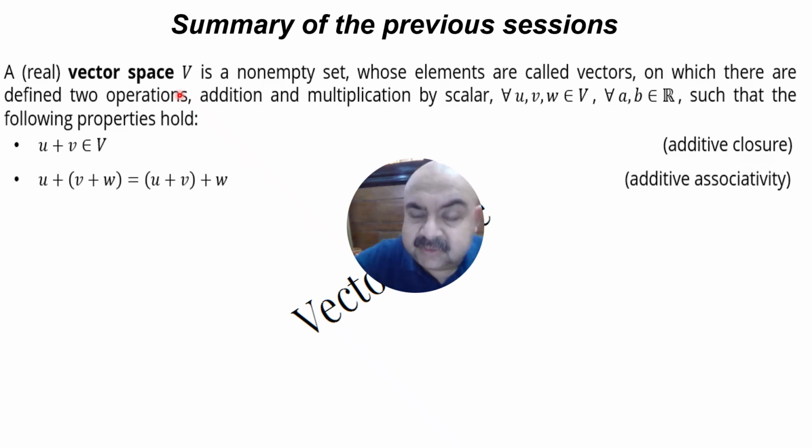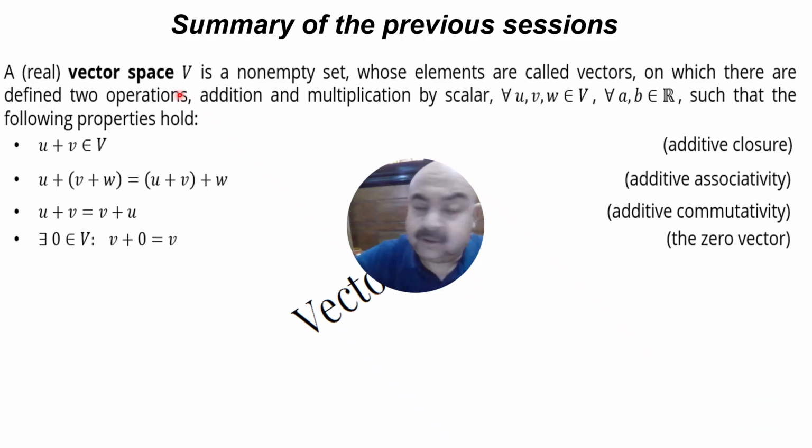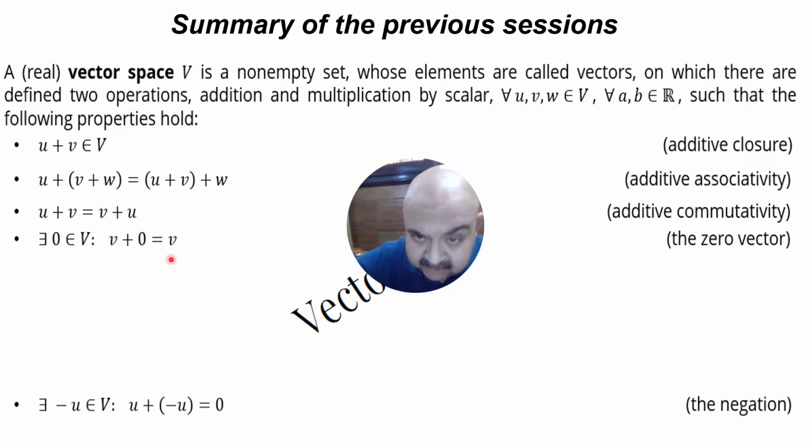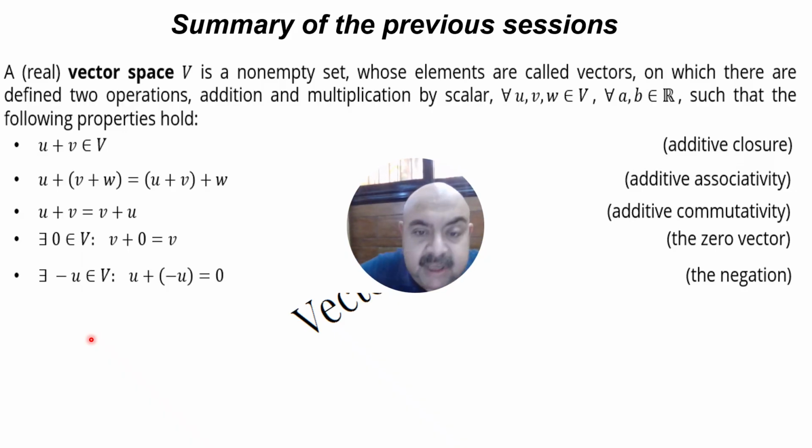Of course, there are associativity and commutativity of the addition of vectors, and it all makes sense because you are talking about the addition process. Then the existence of the zero vector, which is the identity for addition: v plus 0 is going to be v. And the existence of the symmetric, or the negation, or the inverse, or the reverse of a vector. All of these are names for the same vector.